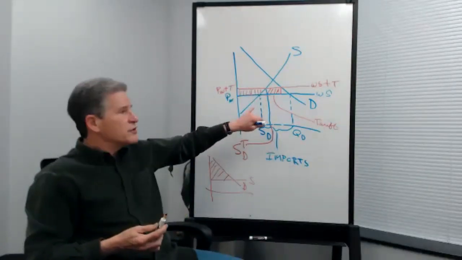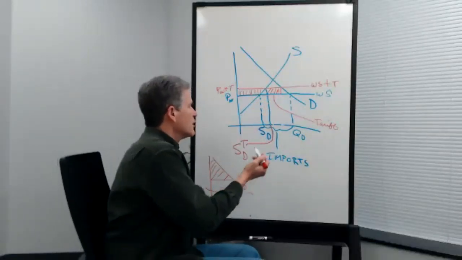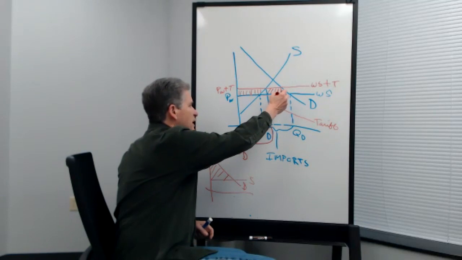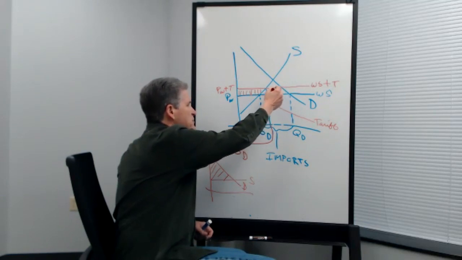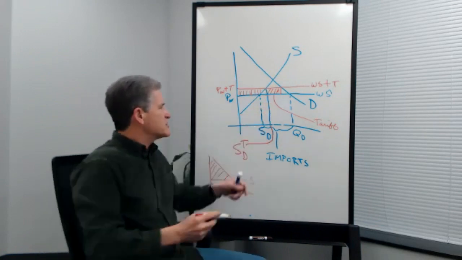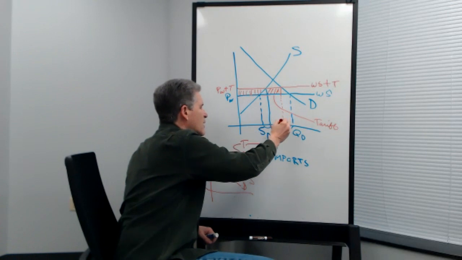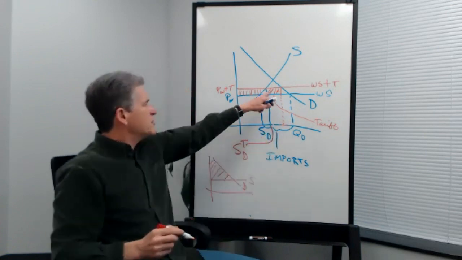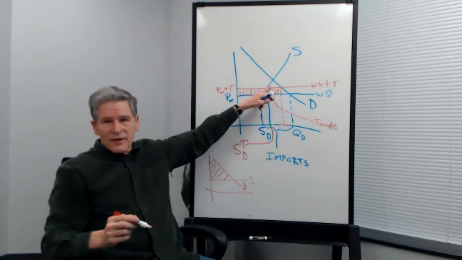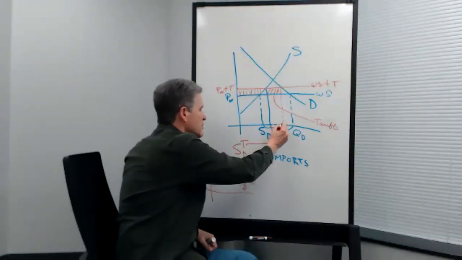So the world market, if you're going to import here, you're going to have this amount here, and this money is collected by the government because you're going to continue to have imports. You're going to continue to have imports, and this is the quantity of the imports.